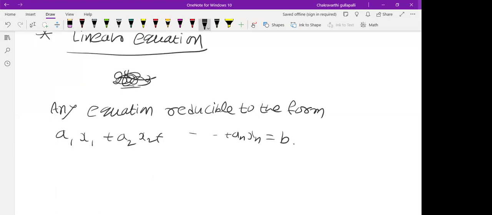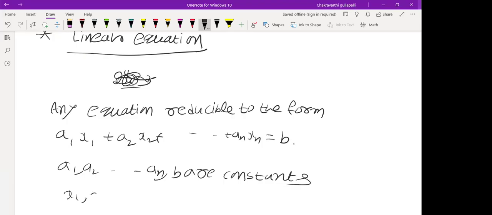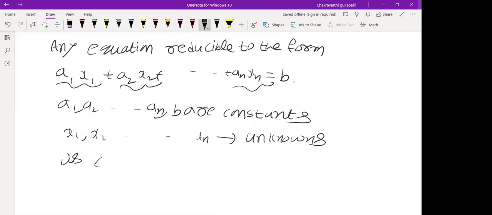Here a1 to an are constants, b is also a constant, and x1, x2, ..., xn are unknowns. That is, the degree of each unknown is 1: x1 power 1, x2 power 1, xn power 1. The degree of each and every term in the equation is 1. Then such an equation of this particular form is called a linear equation.